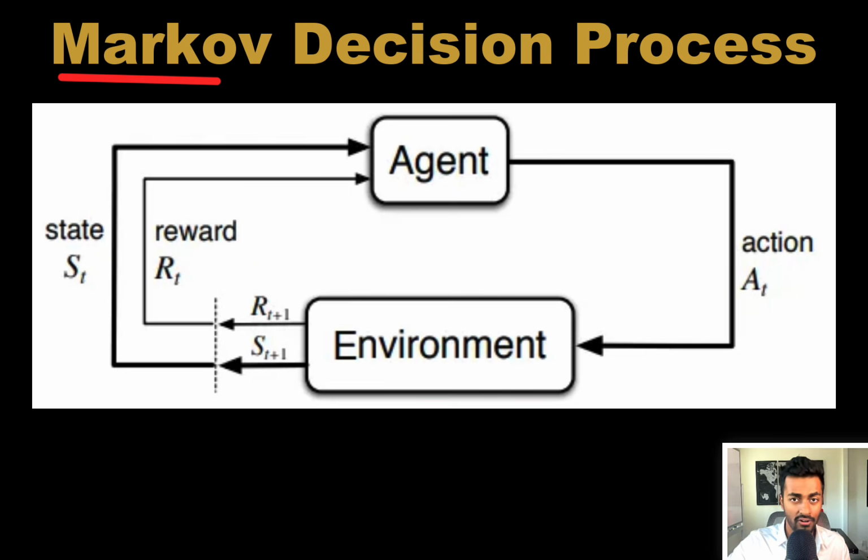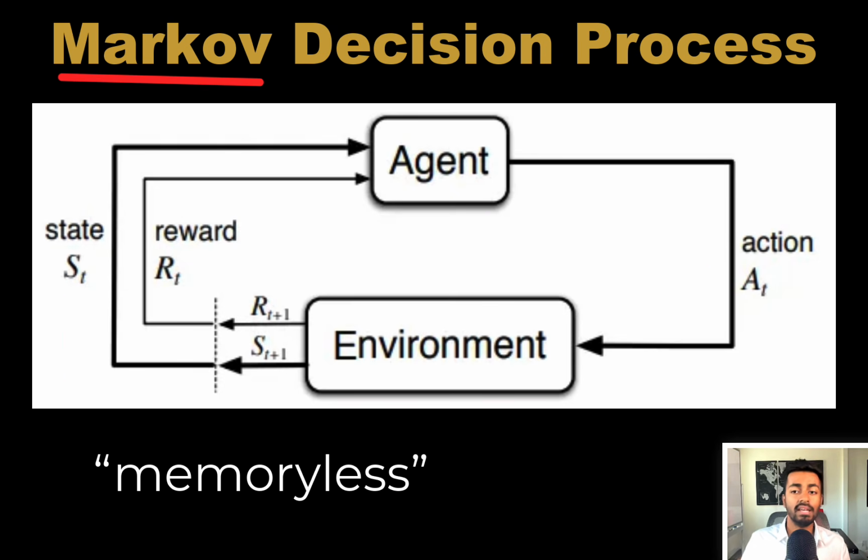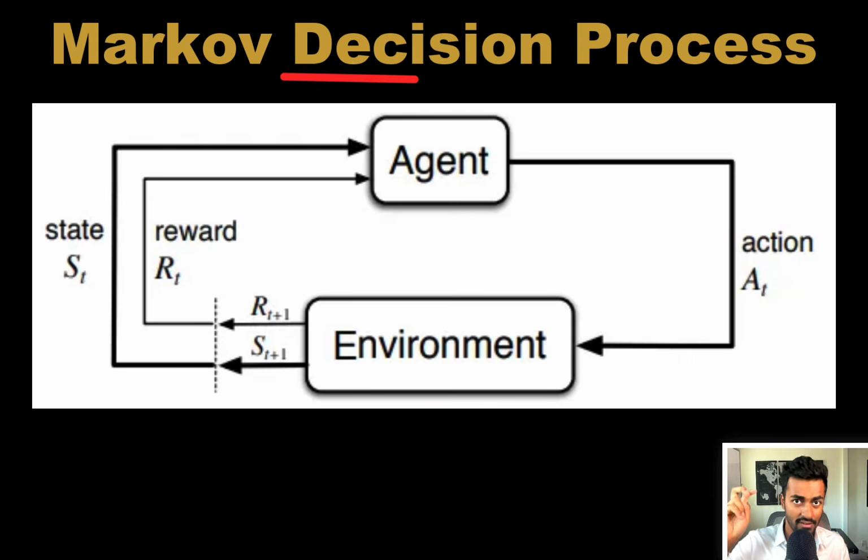It is Markov because the next state that is emitted by the environment only depends on the previous state and action. In other words, it's memoryless, and past states beyond the current state don't really influence this future state. Decision in Markov decision process refers to the fact that we select an action based on the current state.